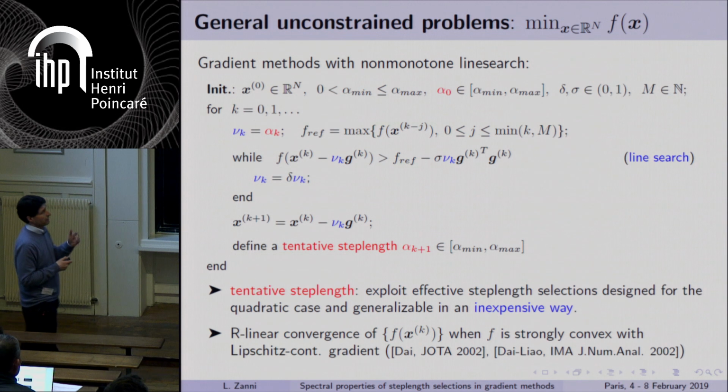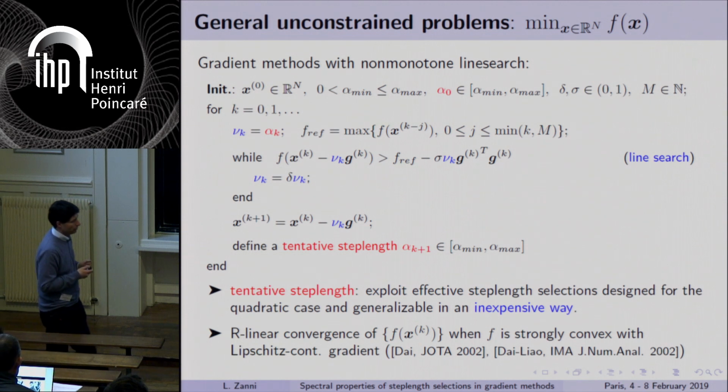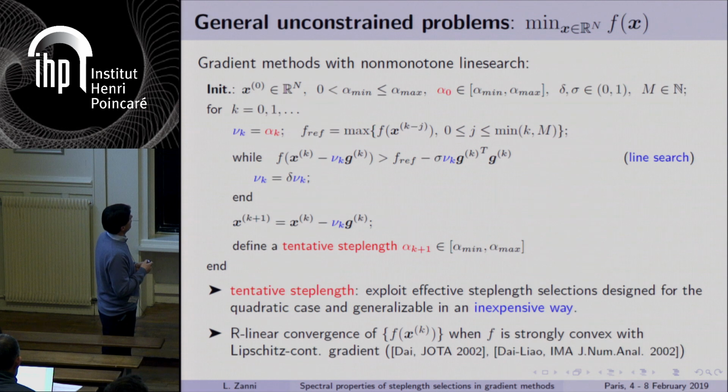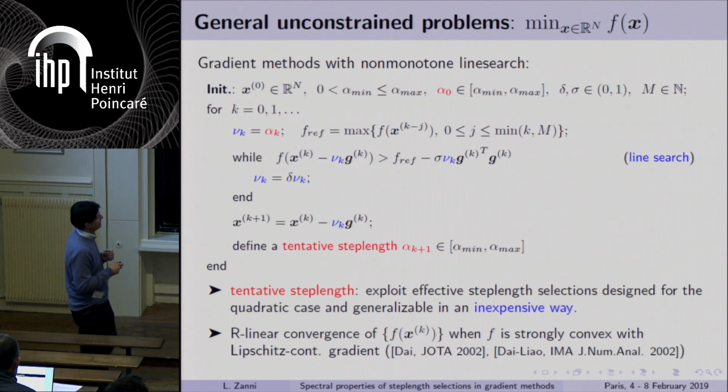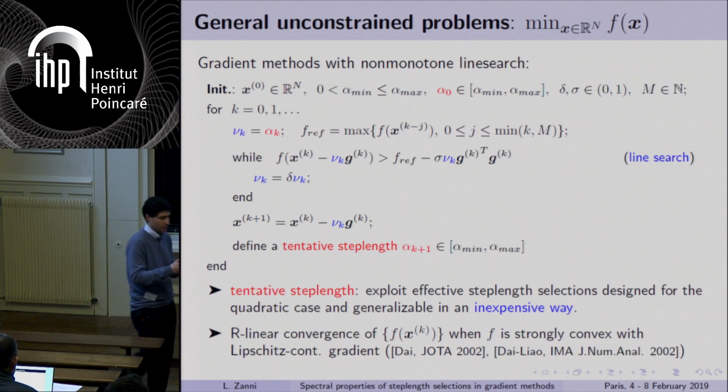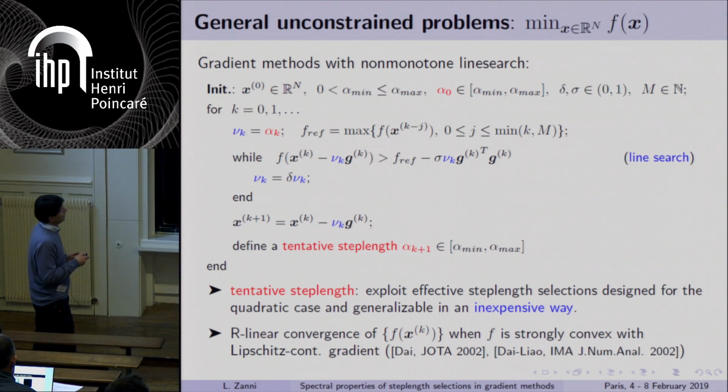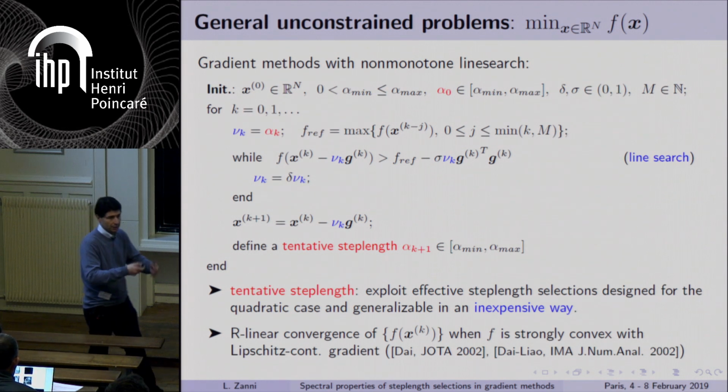If I try to work in the general non-quadratic case with these strategies, I need to recall that in order to prove the convergence of the scheme, it is necessary to include a line search strategy. And in this case, the step length selection rule will give only a tentative step length. Then the line search will decide if this step length can be accepted or needs to be reduced. Here I denoted a non-monotone line search, but of course we can also use a standard Armijo rule, a monotone rule.